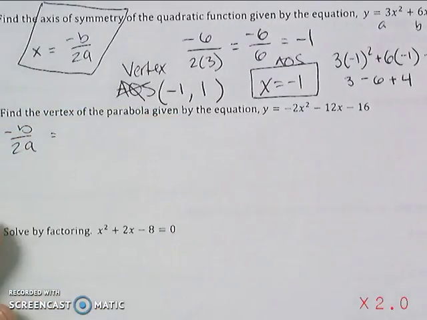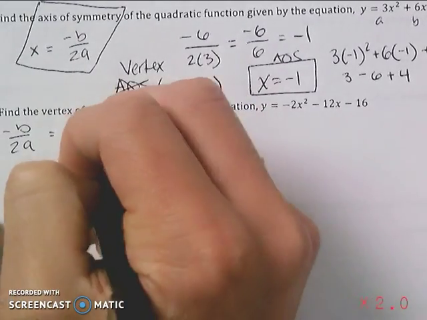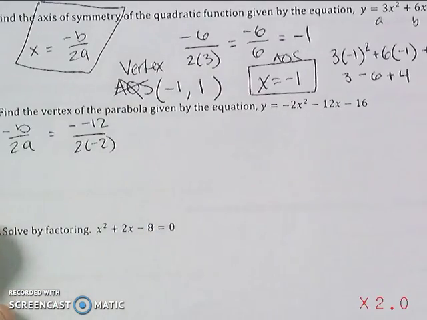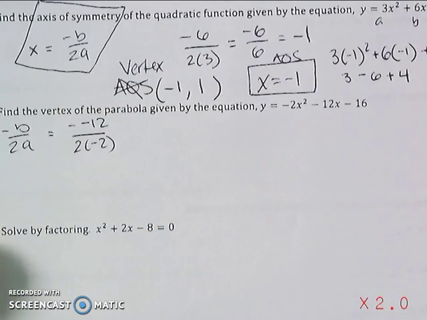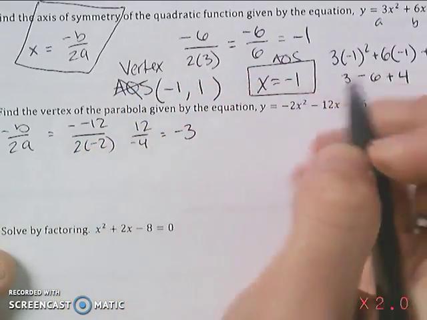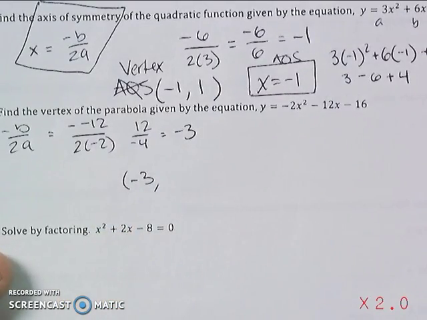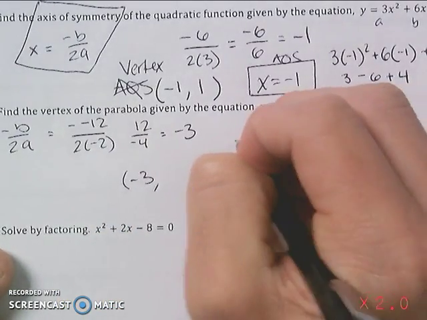Negative b is going to be a negative 12 all over 2 times a negative 2. That becomes a positive 12 over a negative 4, which gives me a negative 3. So my x value is negative 3, and we'll plug that into my equation.